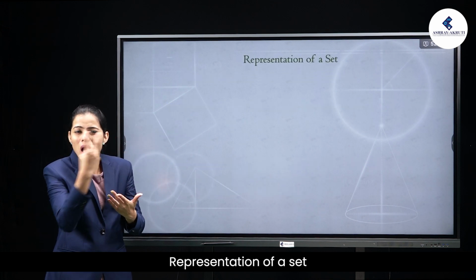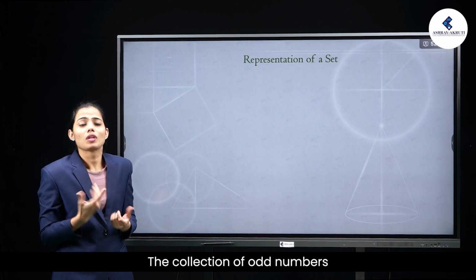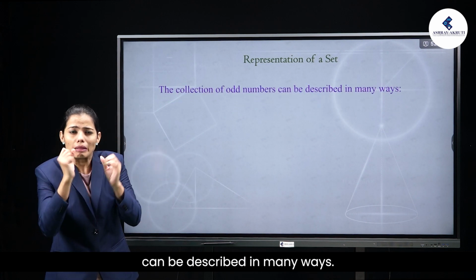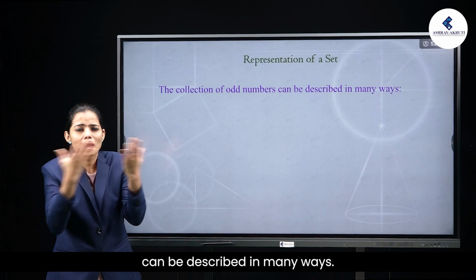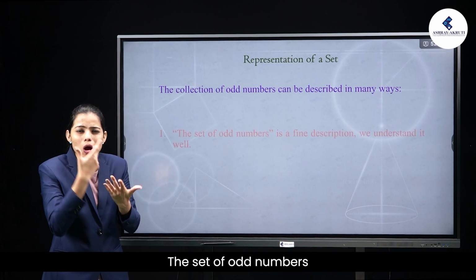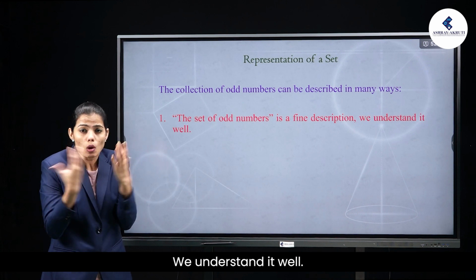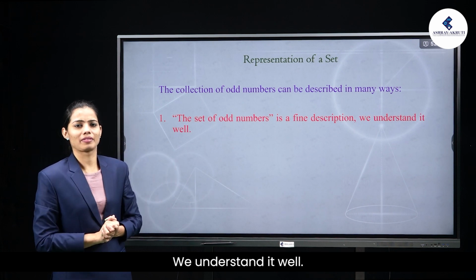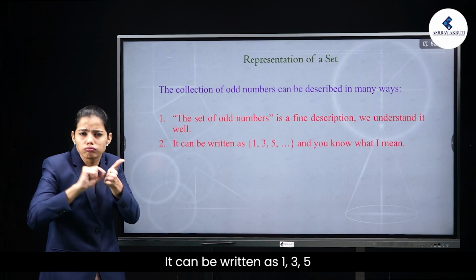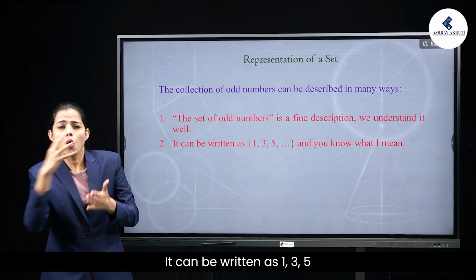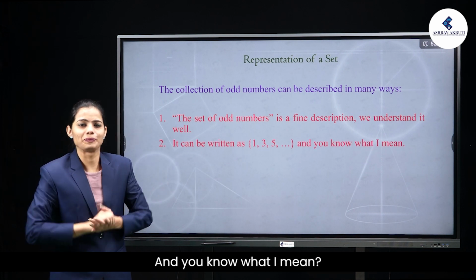Representation of a set. The collection of odd numbers can be described in many ways. The set of odd numbers is a fine description. We understand it well. It can be written as 1, 3, 5, and you know what I mean.